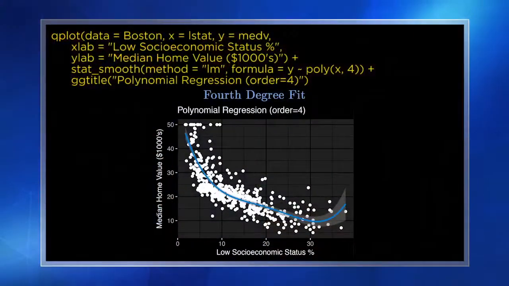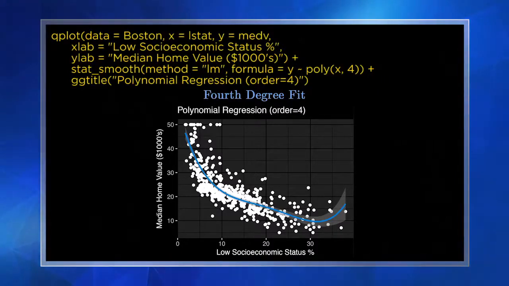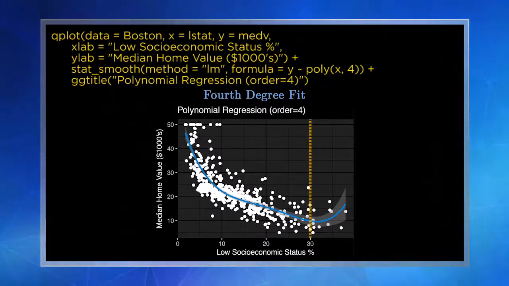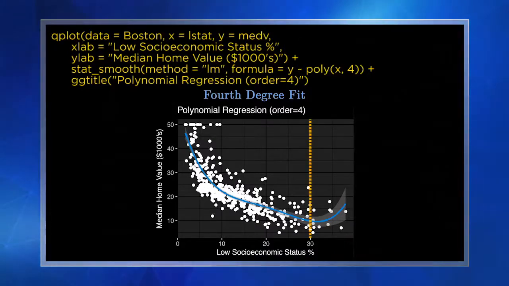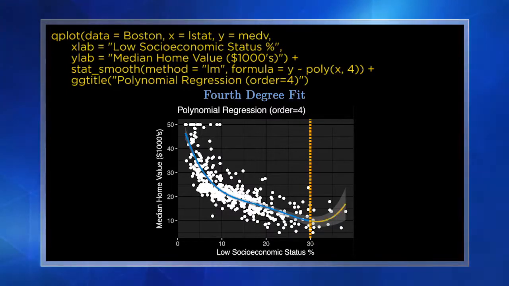Now, why stop at a third degree? I mean, in fact, we could fit a fourth degree model. Here's how we do that in R. Notice here, in our fourth degree polynomial, which seems to do a better job of fitting the data less than 30% of our lower socioeconomic range. But look what happens when our low socioeconomic percentage goes above 30%.